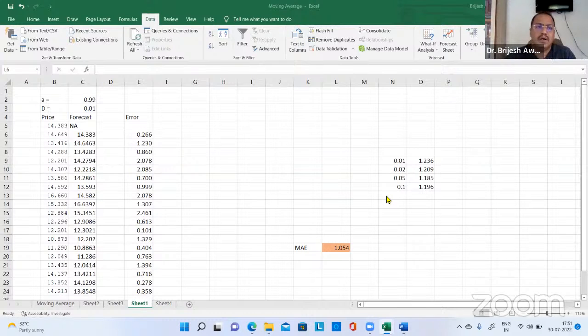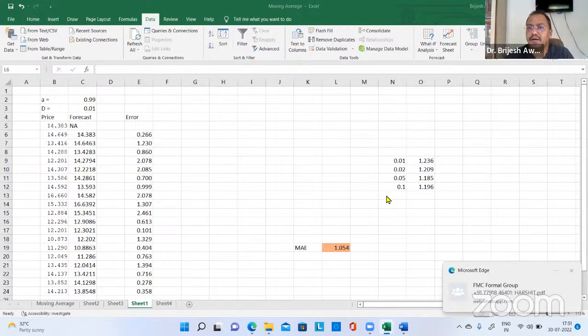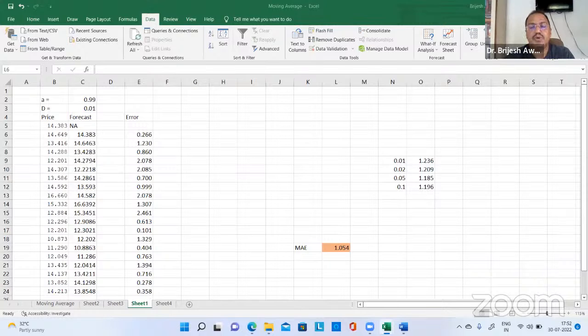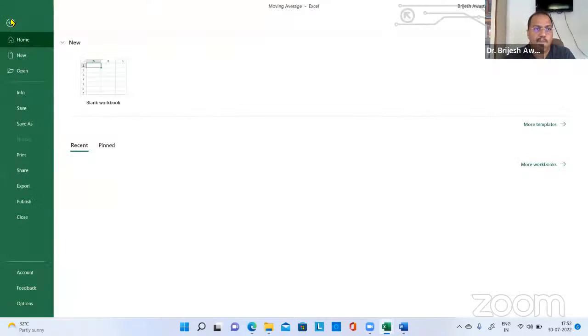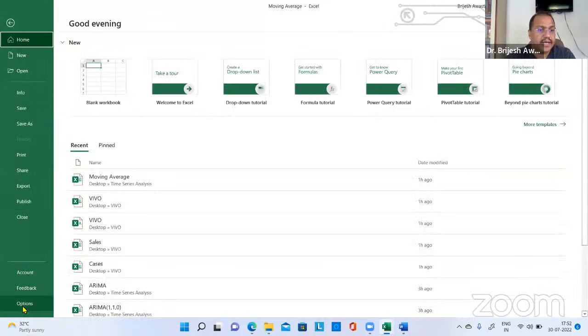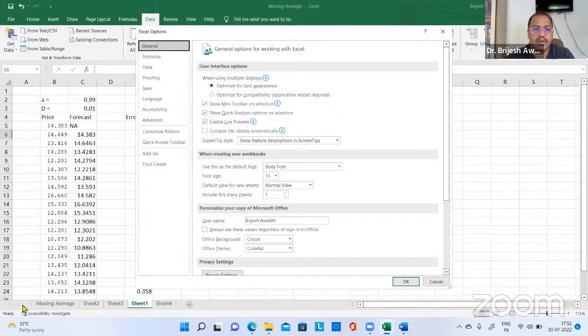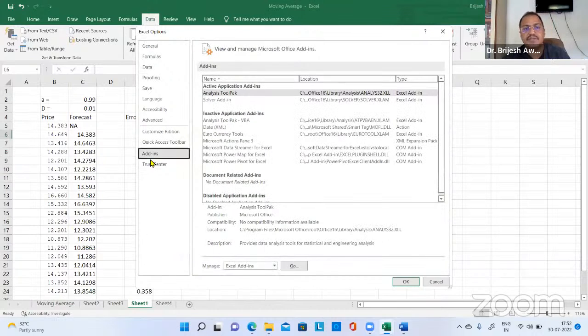Now, you have installed one add-in, that is data analysis, in your system. Yes or no? Yes, sir. Similarly, you can install a solver in your Excel. The process is exactly the same: file, options, add-ins, and again go to Excel add-ins. Click on go.